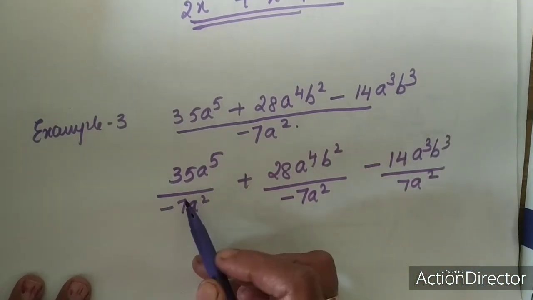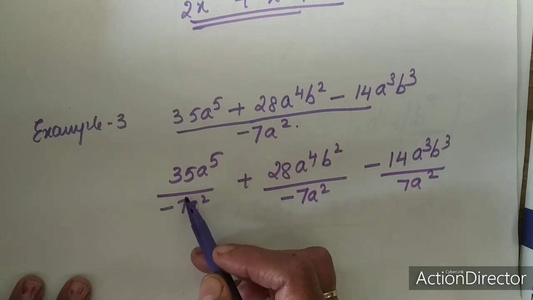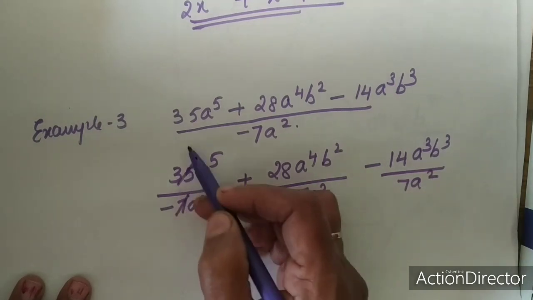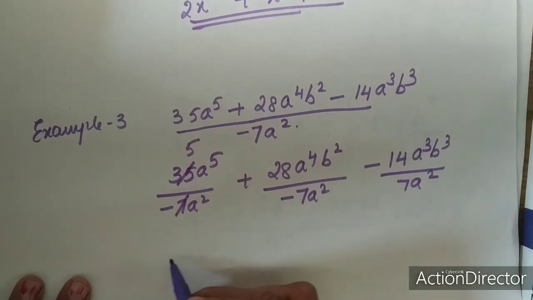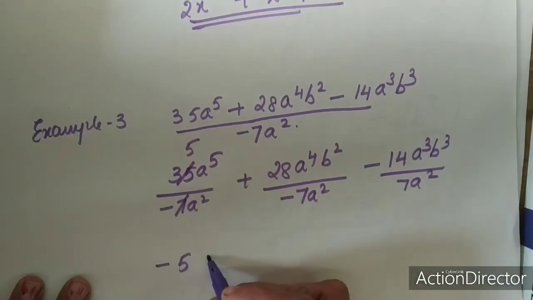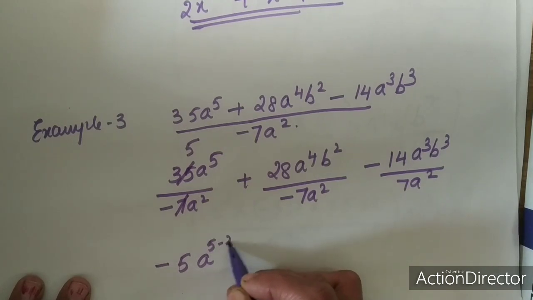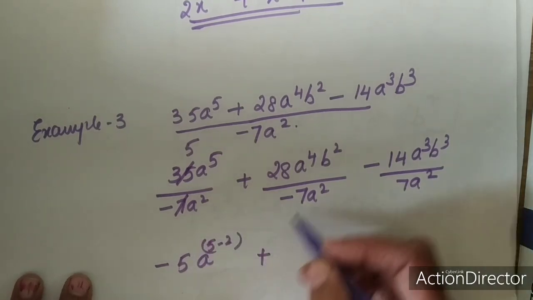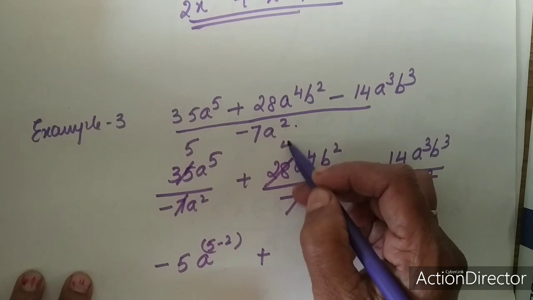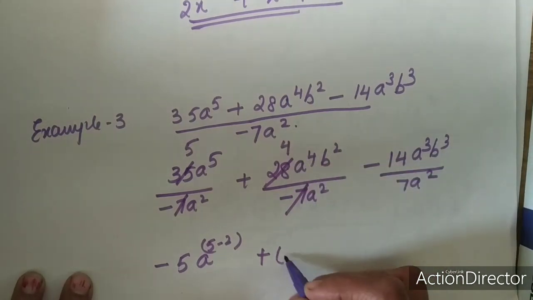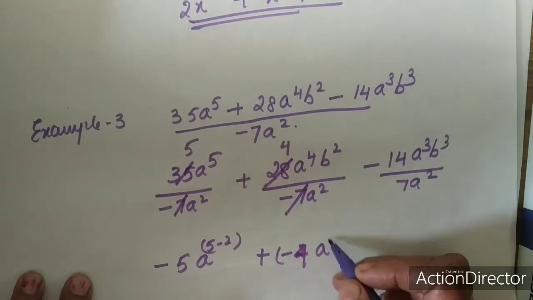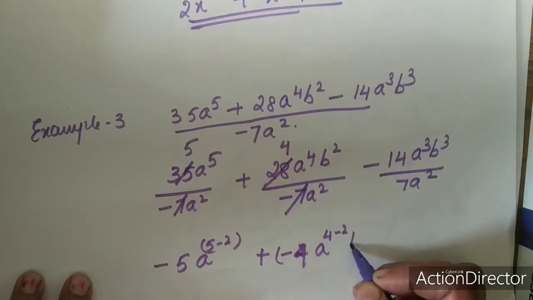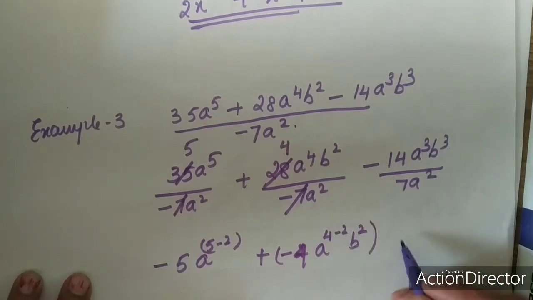So first, I said you can cut the numerals, numbers. 7 ones are 7, 7 5s are 35. So I can write 5a raised to the power of 5 minus 2. Here 7 ones are 7, 7 4s are 28. So I can write minus 4a raised to the power of 4 minus 2 b power 2.